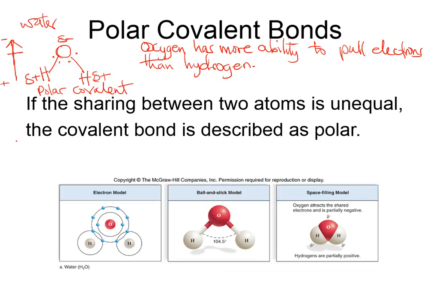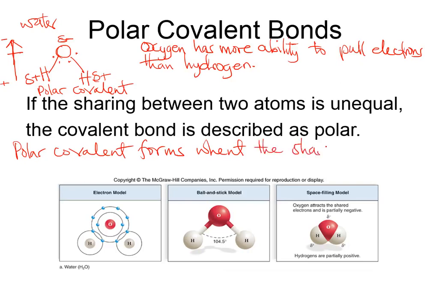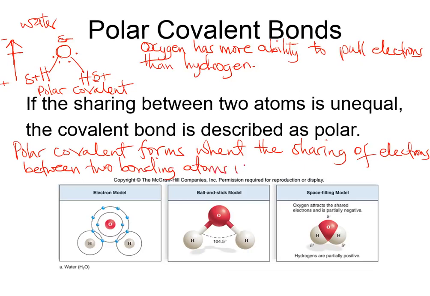So polar covalent forms when the sharing of electrons between two bonding atoms is unequal.